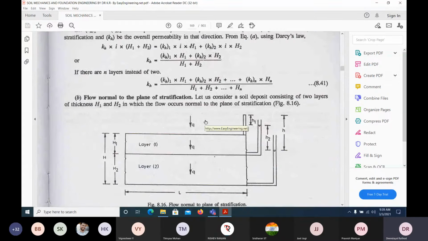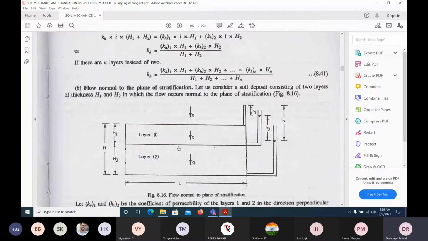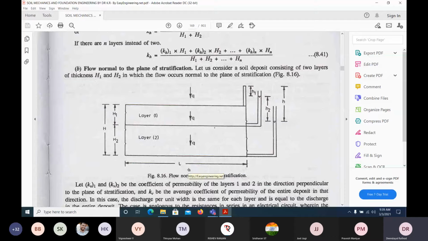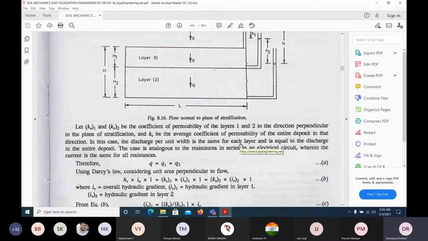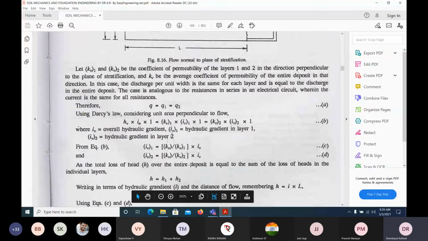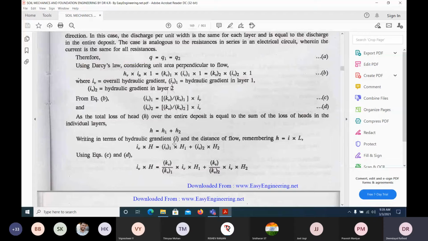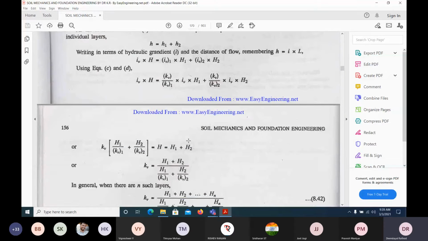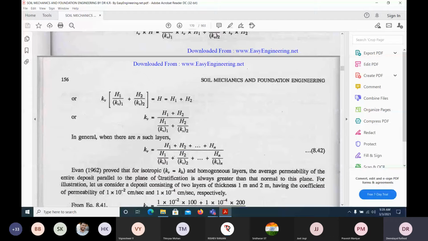Next, if the flow is normal to the layers, from top to bottom, the head differences would be h1, h2 and h3, and so h can be written as the sum, but the discharge is the same: q is equal to q1, q2, q3 and so on. Again using Darcy's law, finally h is equal to h1 plus h2 plus h3, and finally you will get kV, the vertical permeability.